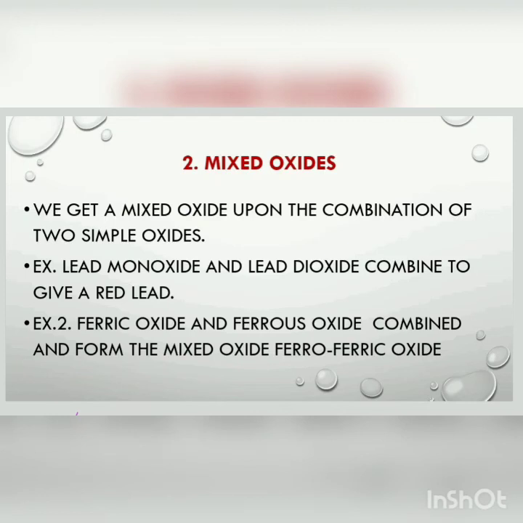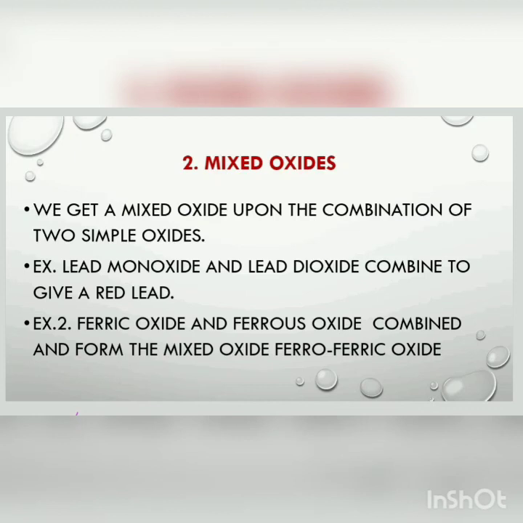Mixed oxides are formed by the combination of pure oxides or the combination of two pure hydroxides. So we have seen the oxides Fe3O4 and Pb3O4. So these oxides are pure mixed oxides.